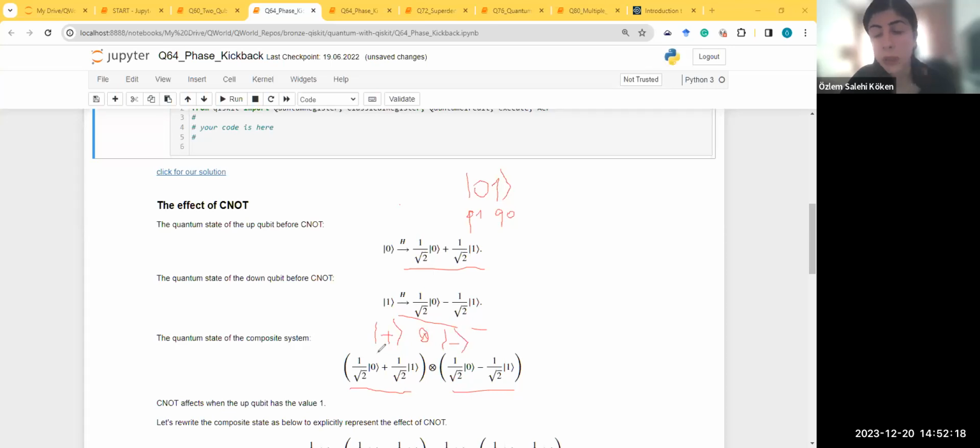Those are the states you get after applying Hadamard to the 0 and 1 states. Do you have any questions until here? Is everyone okay that this is the new state of the quantum system after applying Hadamard? Any questions here?